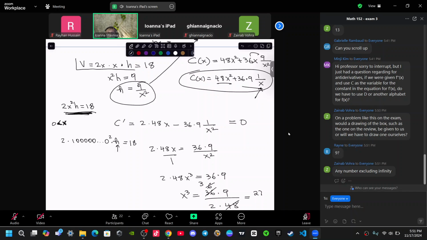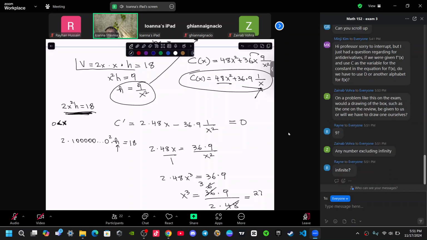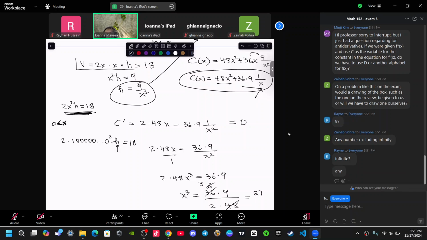Any number. Any number positive, right? Yes. X and H can be anything. In this case, I'm only interested in X because the function is in terms of X. So any number would work because this is a product. This is not like a sum. If it was a sum, I would say, okay, X can get as biggest when this is 0, and then I can figure out the largest value for X. But that's not it. It's not a sum. It's a product, so it can be anything. So 0 to infinity, which is kind of good news.